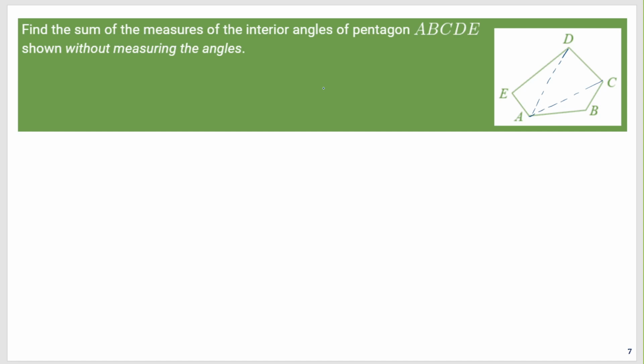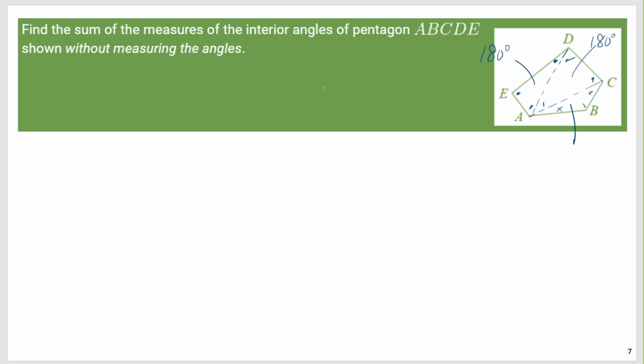We know the sum of the angles in the pentagon is the same as the sum of these angles. 1, 2, 3, 1, 2, 3, and 1, 2, 3, right? So here, the sum of these three interior angles is 180 degrees. The sum of these three interior angles is 180 degrees.